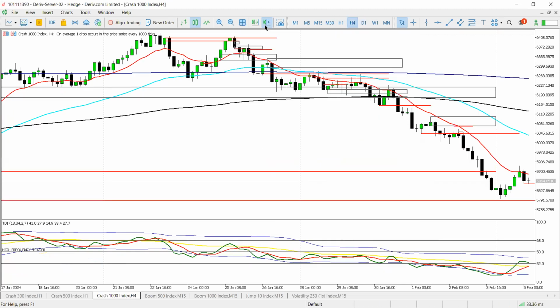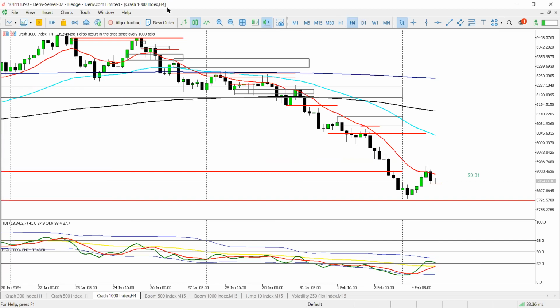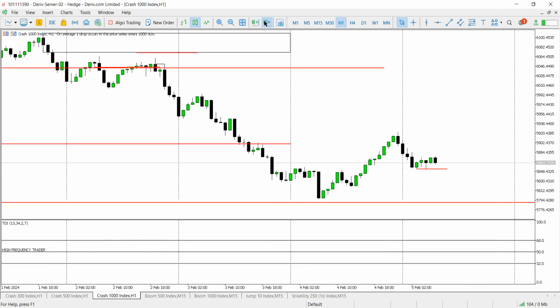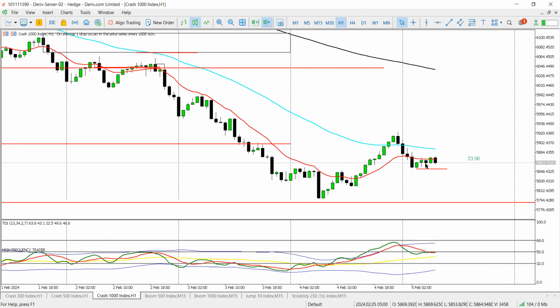So dropping to H4, we're now looking for a possible entry. So this TP zone we had, or rather this zone we had, you can see price is retesting that area. We're also retesting the 13 EMA on H4. So we agree we are bearish. Drop down to H1. H1 we don't really have a clean pattern which I would want to use.